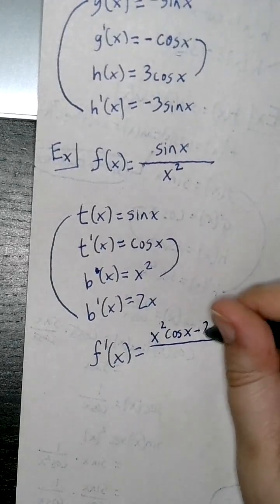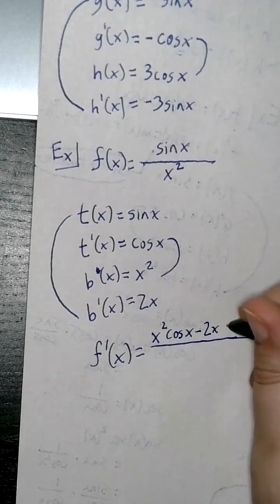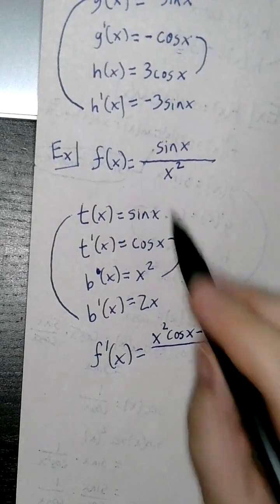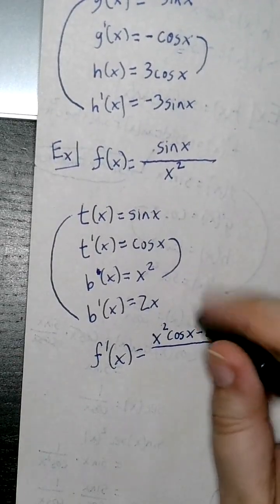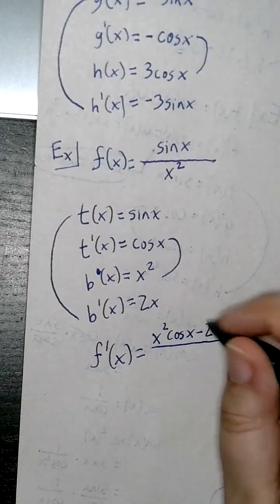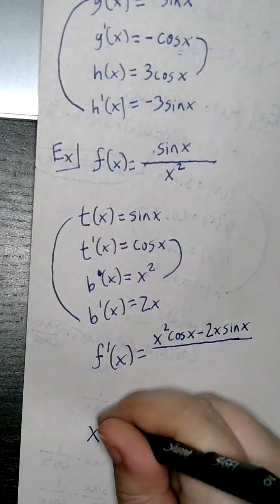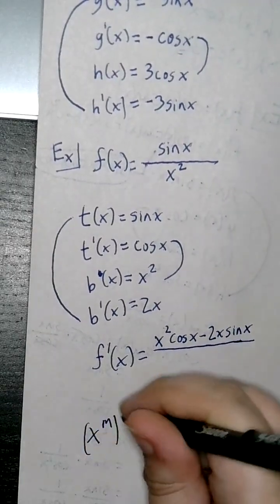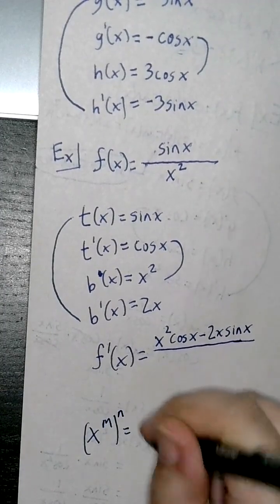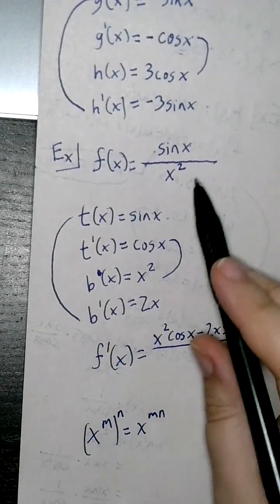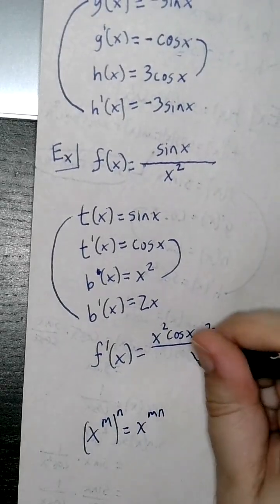So I'm going to write that as 2x times sine of x all over the bottom squared. So that's going to be x squared all squared. Remember, if I have x to the m raised to the n power, that's the same as x to the m times n. So 2 times 2 gives me 4.